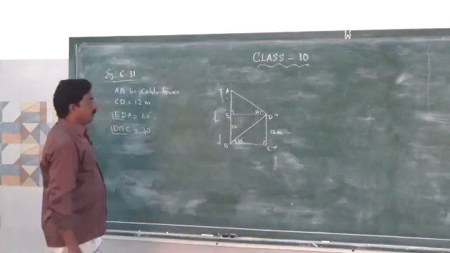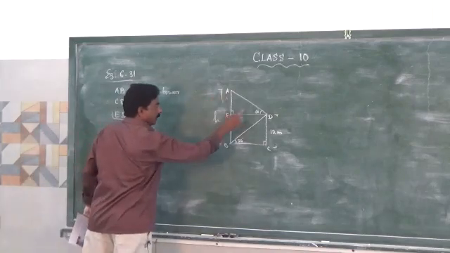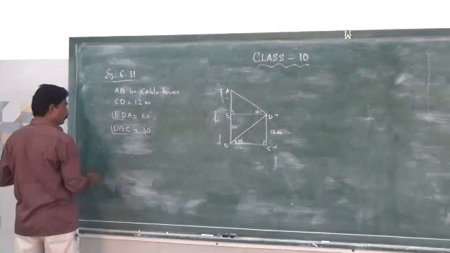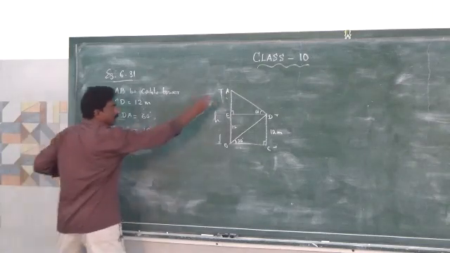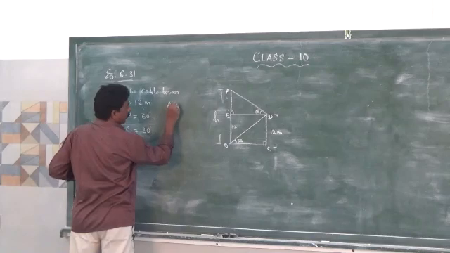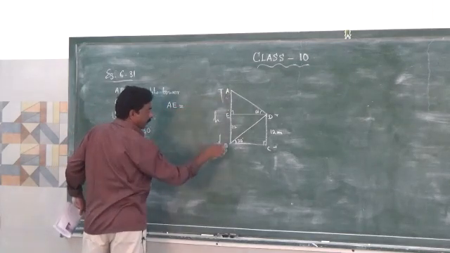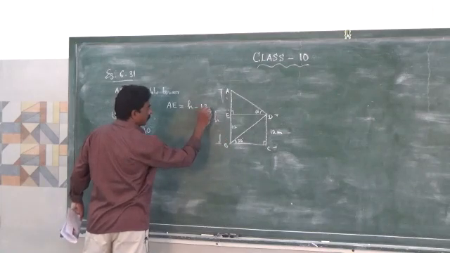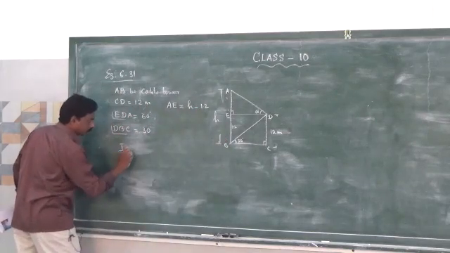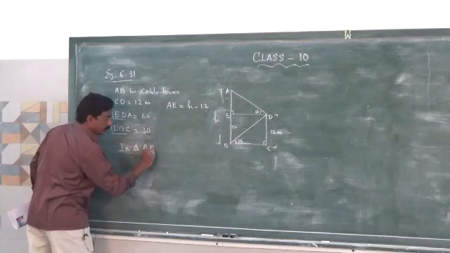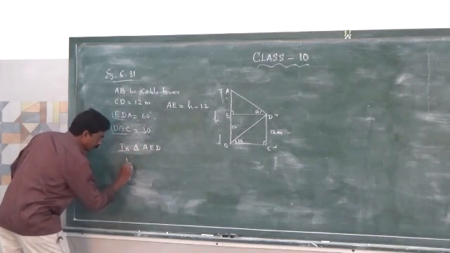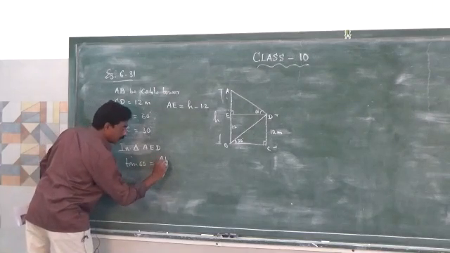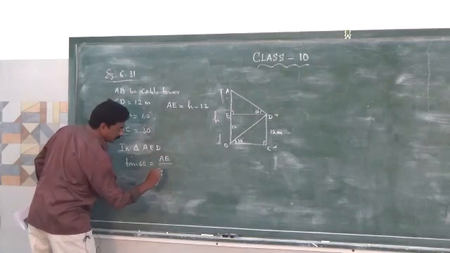So in triangle AED, what is AE? First of all, AE equals the full height h minus this 12, so h minus 12. So in triangle AED, tan 60 equals opposite AE by adjacent ED.